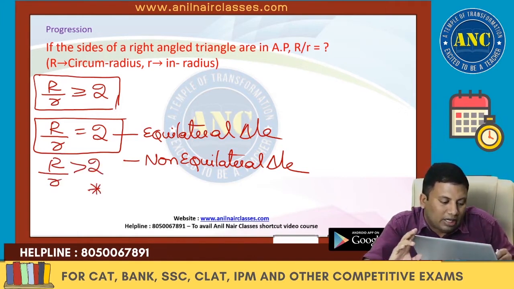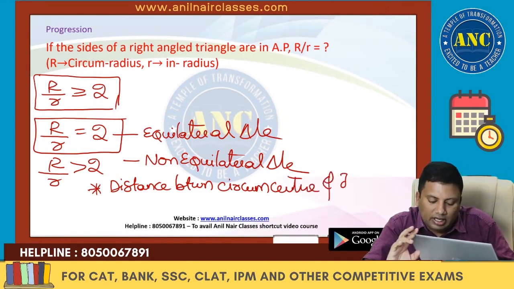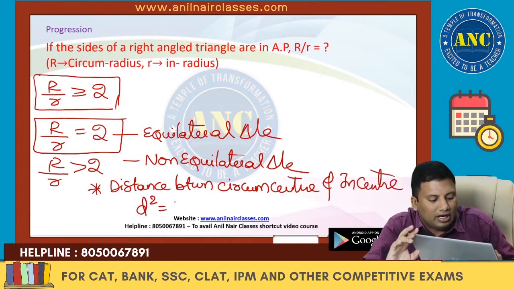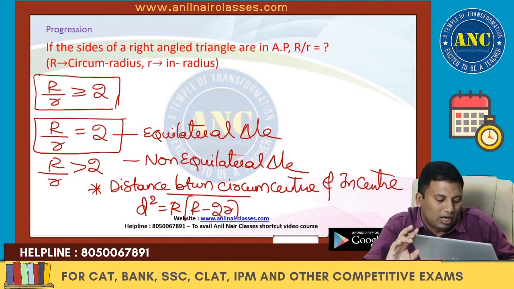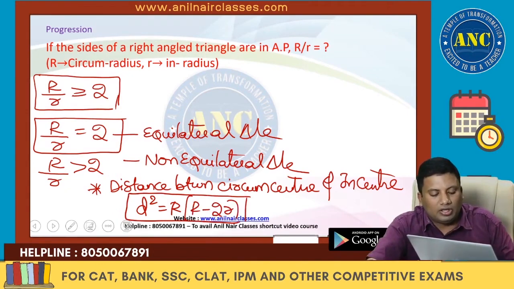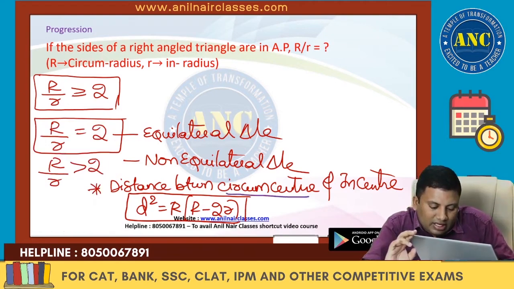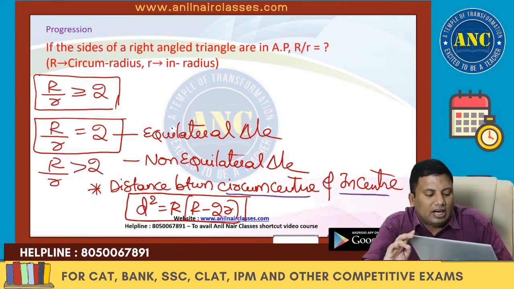Another important key point: the distance between circumcenter and incenter is given by R into R minus 2r, which gives you d square. This is the distance between circumcenter and incenter.